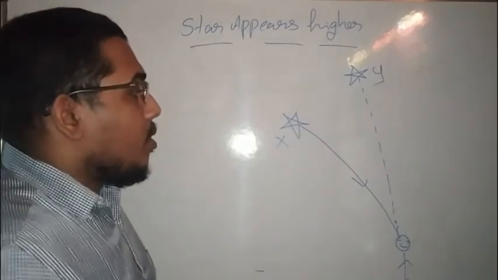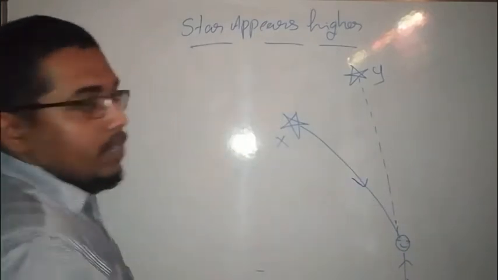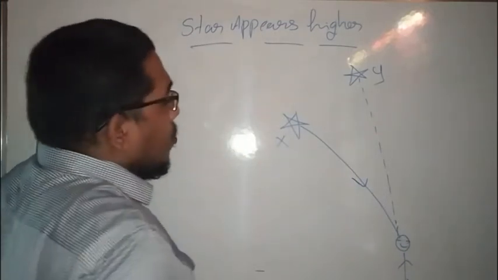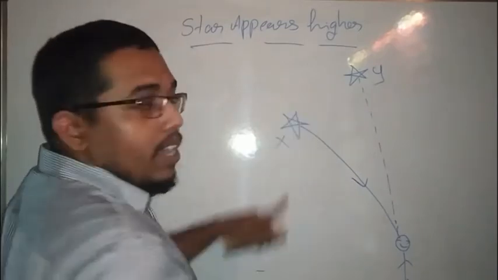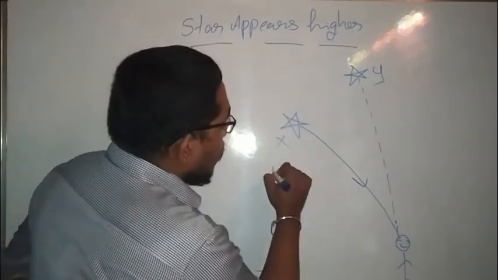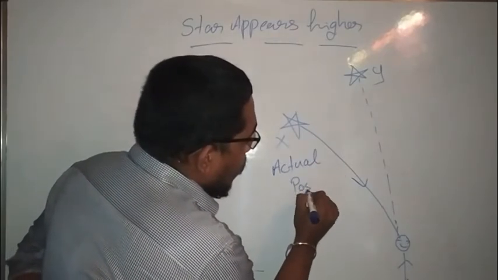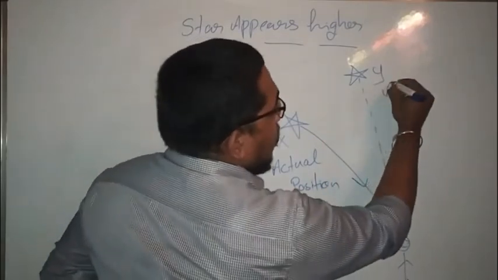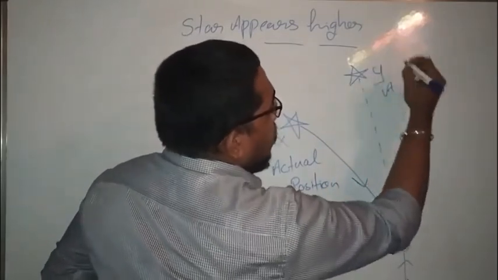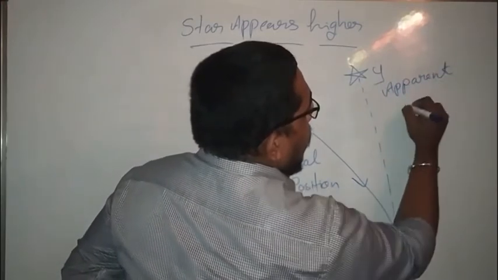Yes. So this is a pictorial representation of the phenomenon. Here at the position X, one star is there, and this position is called the actual position. The position Y, the same star, is called the apparent position.